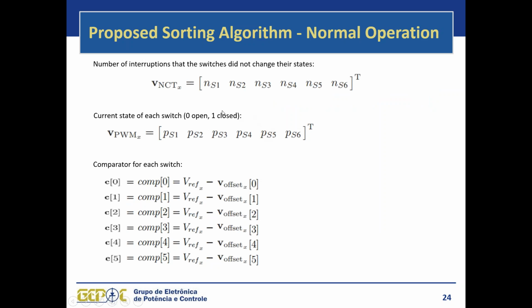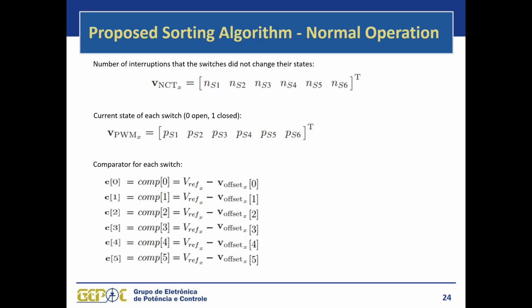And we also define here this other vector V_NCT, in whose entries we store the number of interrupts that a given switch did not change its status. So for example, if switch S1 has stayed for 6 interruptions of the carrier without changing its status, the value of this entry will be 6, and so on and so forth.